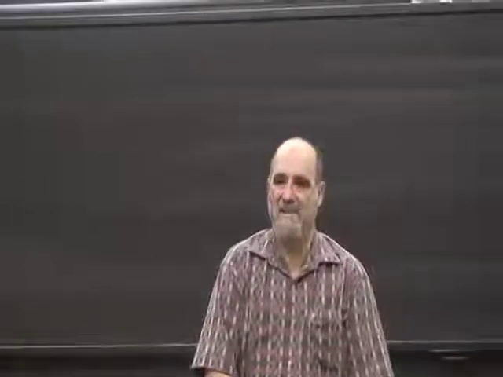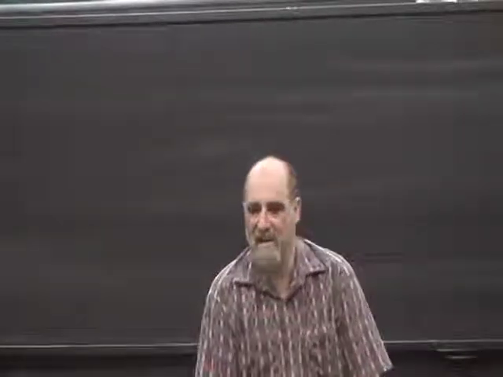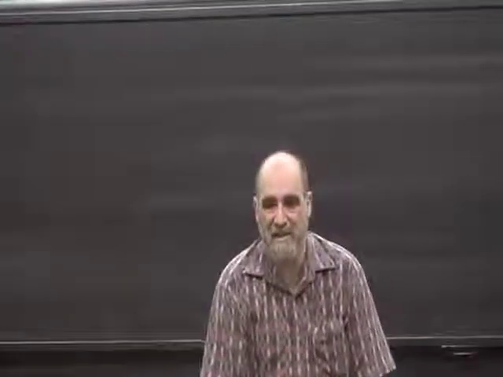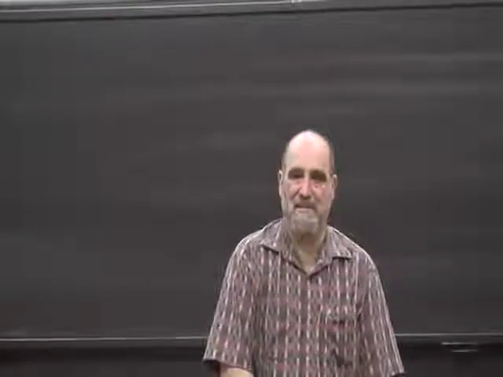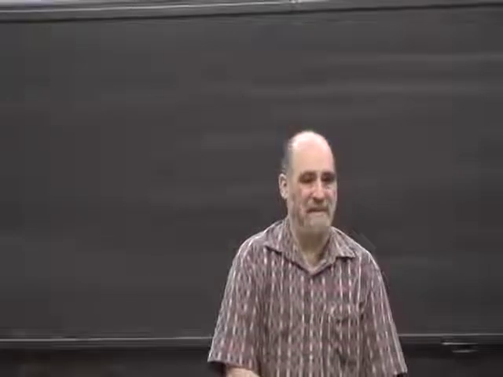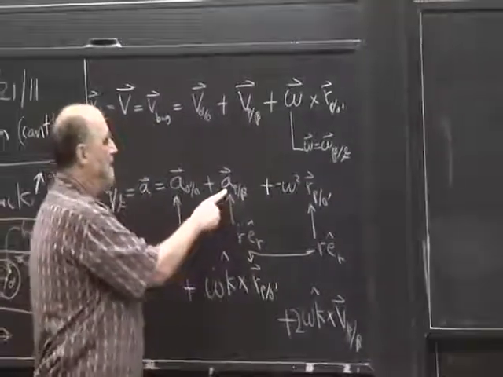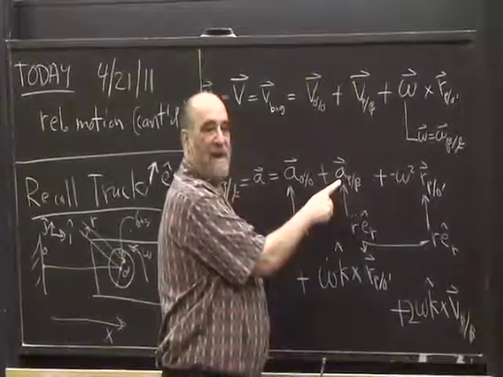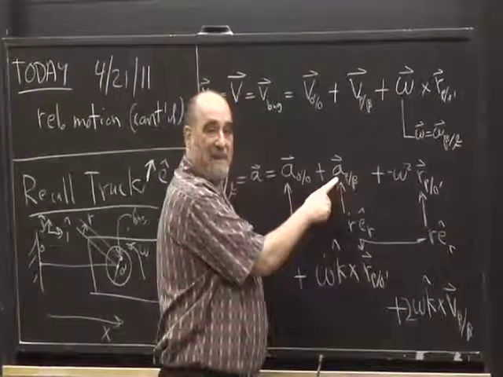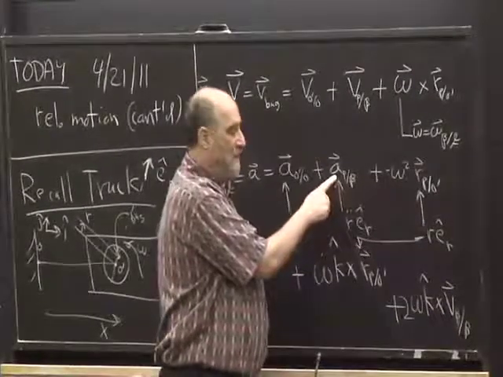Okay, so now can we find a situation where that term is there and all the others are not? Well, if the first term's not there, the truck is not moving, or at least it's got constant speed, but let's make it simple and say it's not moving. If this term's not there, either the bug is not moving or it's moving at constant speed in a straight line in the moving reference frame.